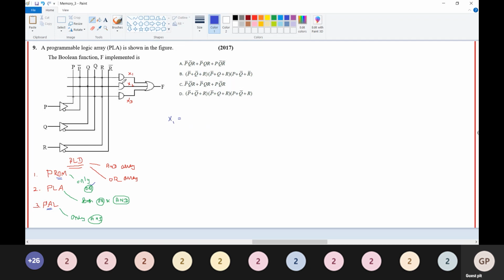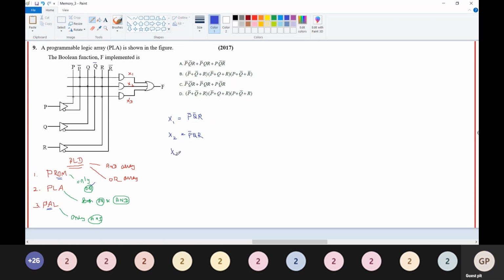So x1 is nothing but, see here, p' q r. And x2 is equal to p' q' r.